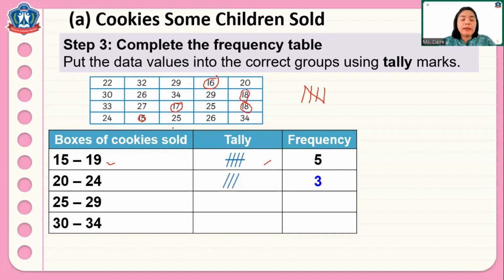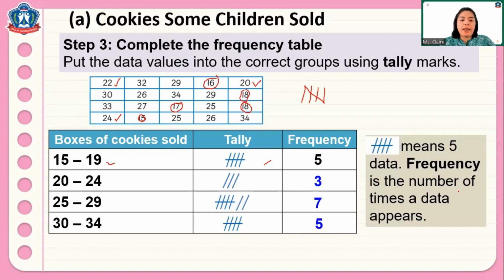Okay, 20 to 24, there are 3: 22, 24, and 20. Now, how about 25 to 29? We have 7. Okay, 30 to 34, we have 5. So this symbol means 5 data. Okay, take note before.